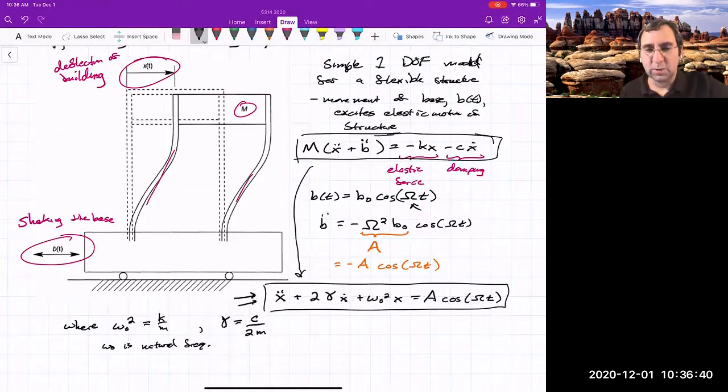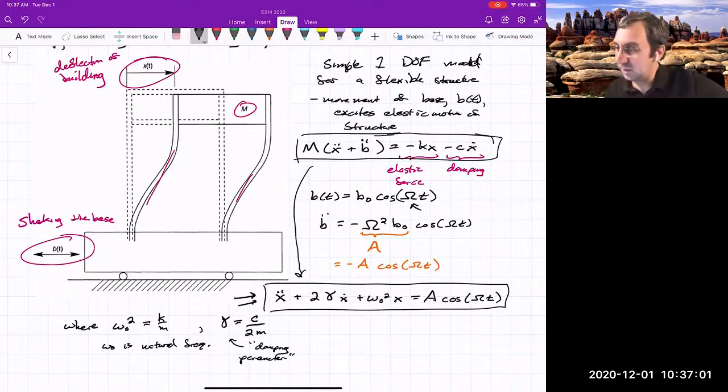This is a standard way to write the damped harmonic oscillator. So this thing is called the damping parameter. And we're not going to go into great detail. You could look at how, if the damping parameter is small, there's some critical damping parameter that leads to different types of behavior. And now we've got this.